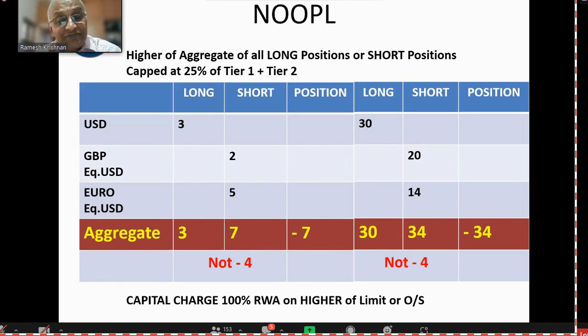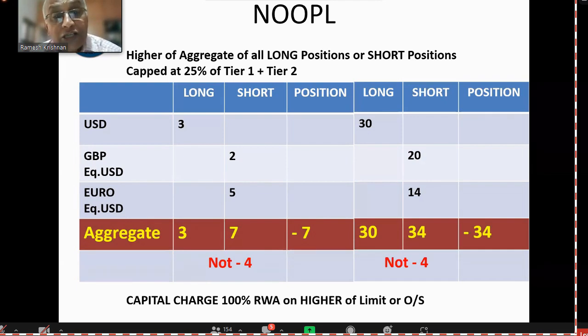Okay. And what is the capital charge? It is 100% risk-weighted asset on the higher of the board-approved limit or outstanding. So your board may put 300 crores as the NOOPL limit. And on March 31st, the outstanding was 380 crores.